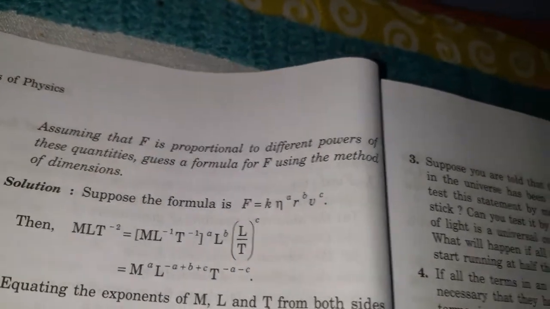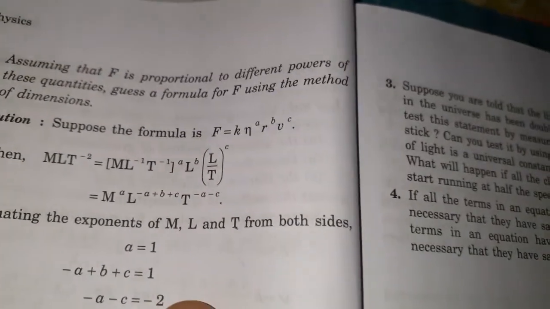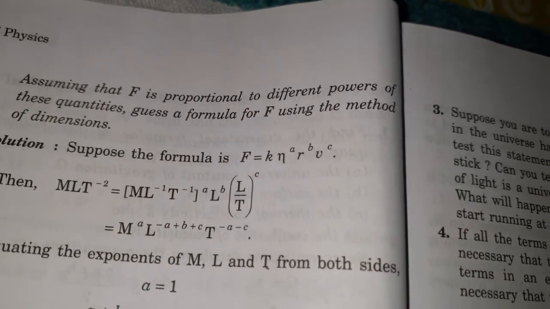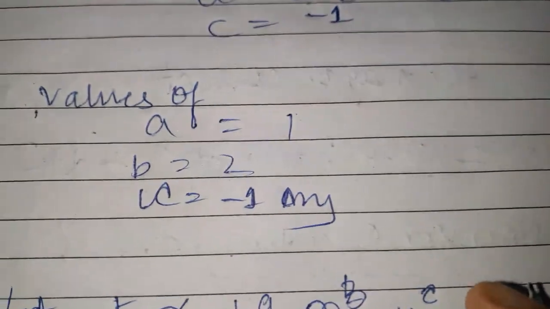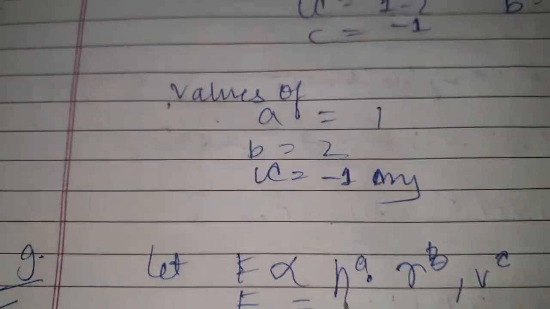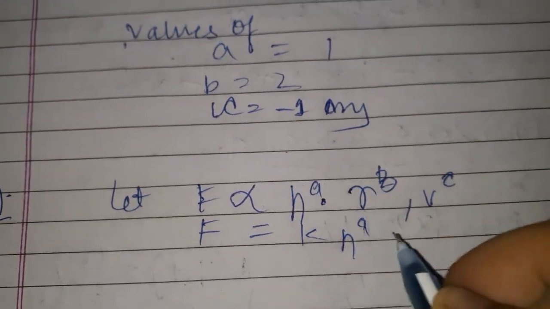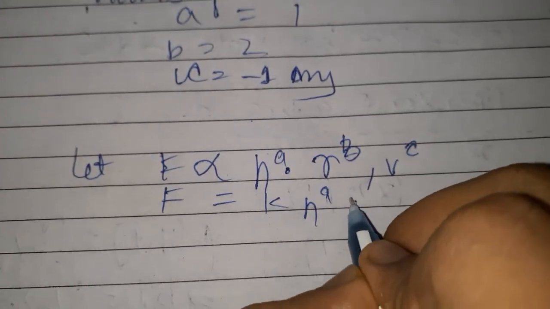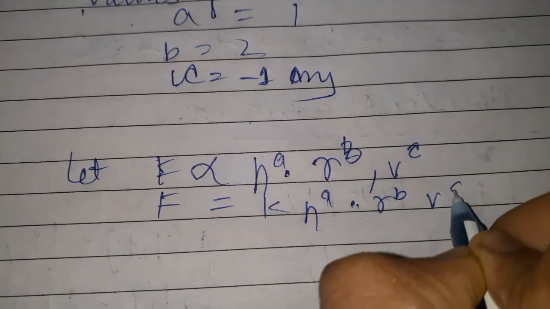Assuming that the force is proportional to different powers of these quantities, guess a formula for force using the method of dimensions. So we can say that F equals k times the coefficient of viscosity to the power a, r^b, v^c.